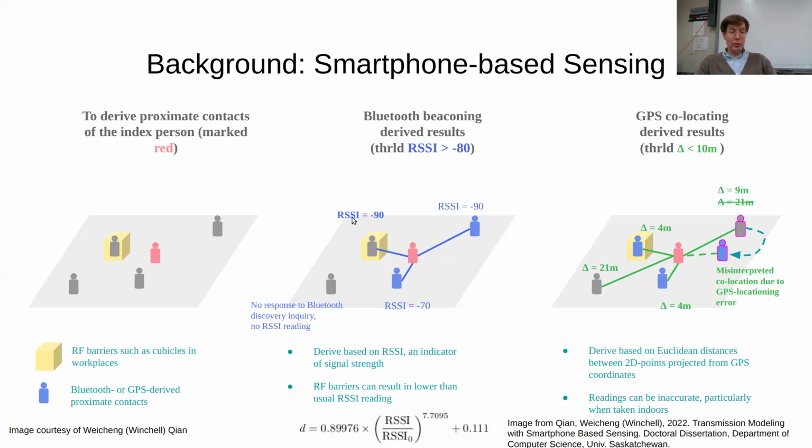Here you're using the received signal strength indicator, which indicates the strength of a Bluetooth connection from a given device, and we're thresholding to require the strength to be at least some measure of strength or stronger. And that's what's going on here.